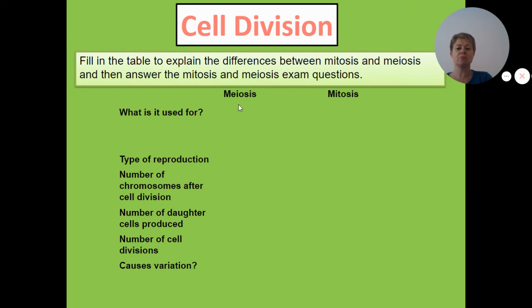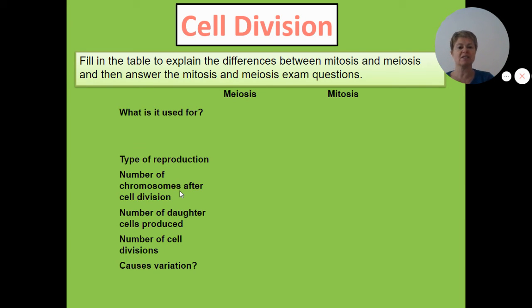So for each of meiosis and mitosis, what's it used for? What type of reproduction is it used in? So sexual reproduction or asexual reproduction. Now, asexual reproduction is when cells just make copies of themselves. So think about which type of cell division that would involve. How many chromosomes after cell division?